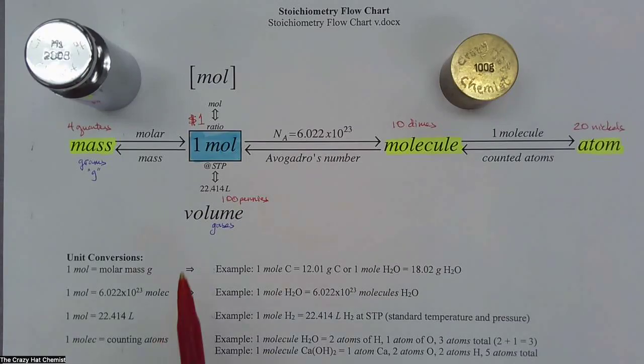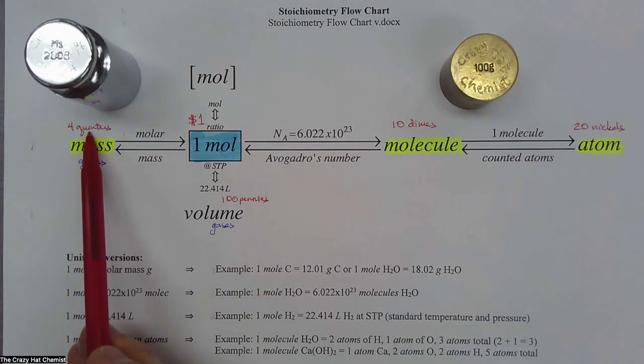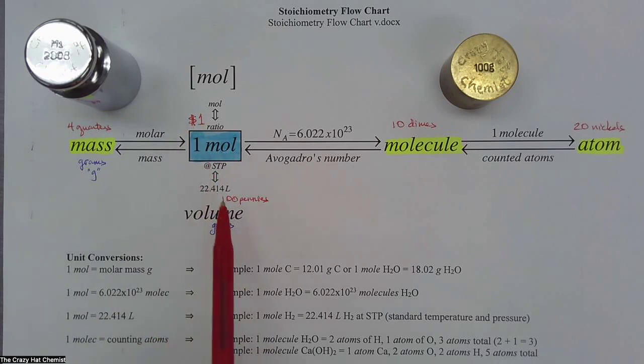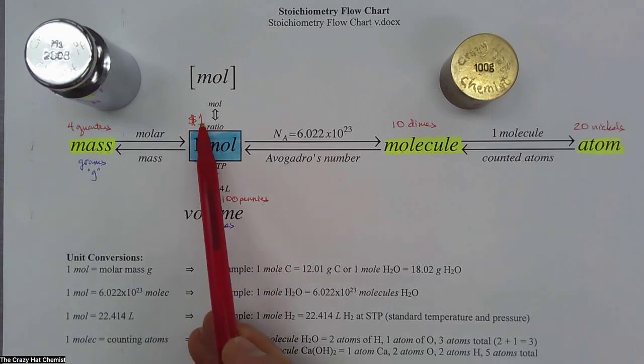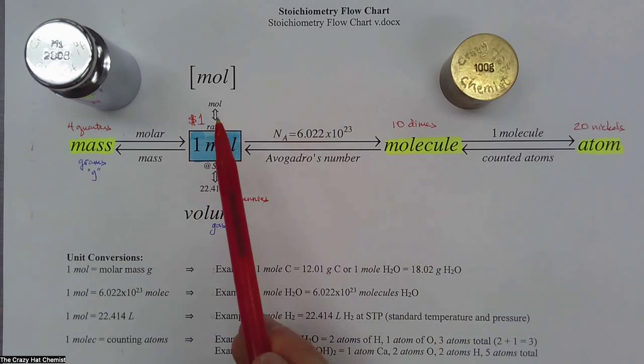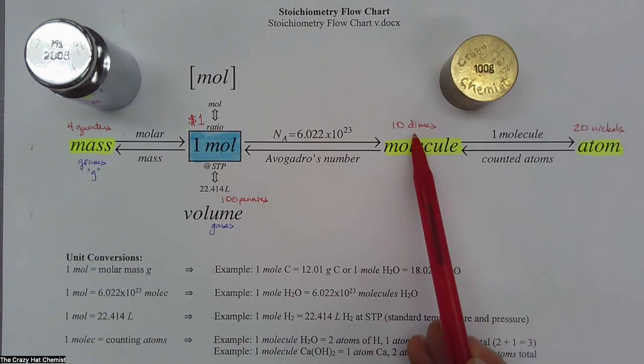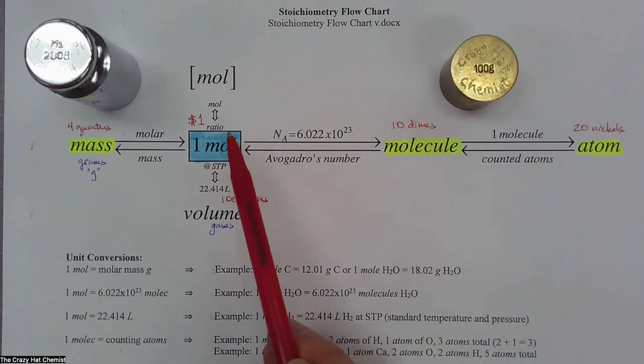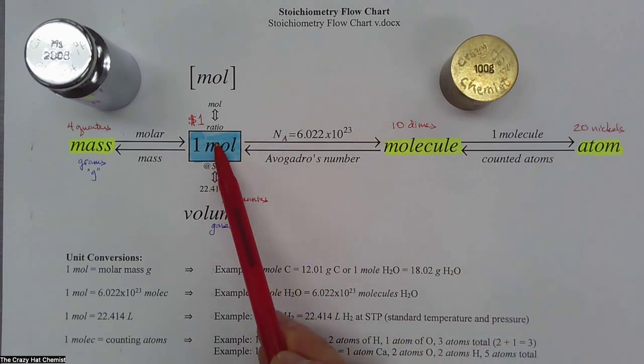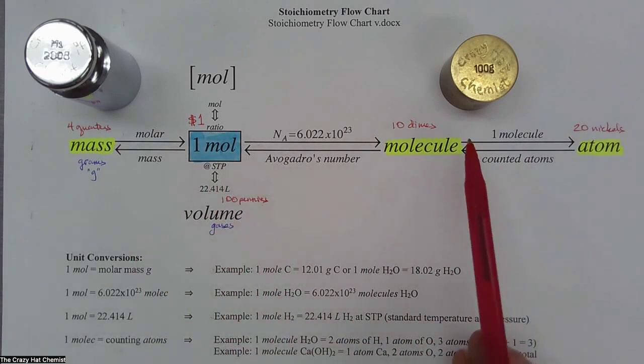So that means that $1 is equal to 4 quarters, 100 pennies, 10 dimes, and 20 nickels. 20 nickels is equal to 10 dimes. 10 dimes is equal to $1. $1 is equal to 100 pennies. These are all equivalencies here.